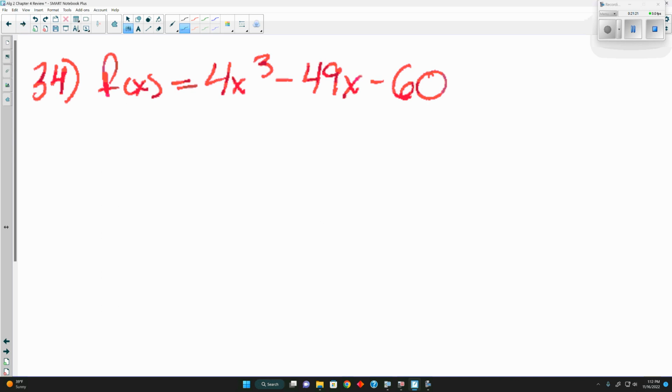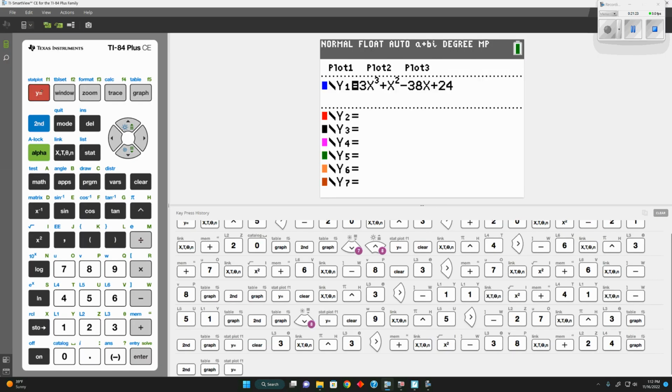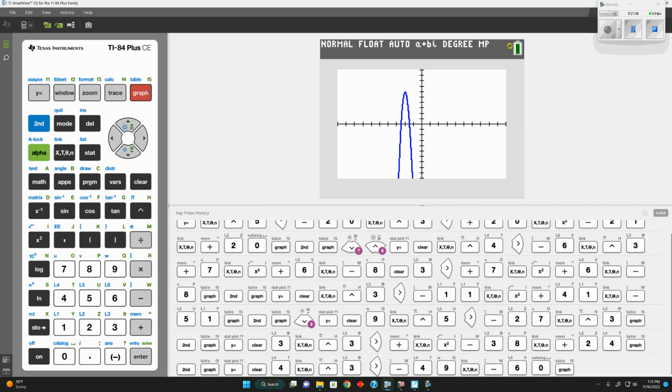Let's go on and type it in the graphing calculator to start with. 4x to the third minus 60. Graph. So we do have three places that it crosses, yes?